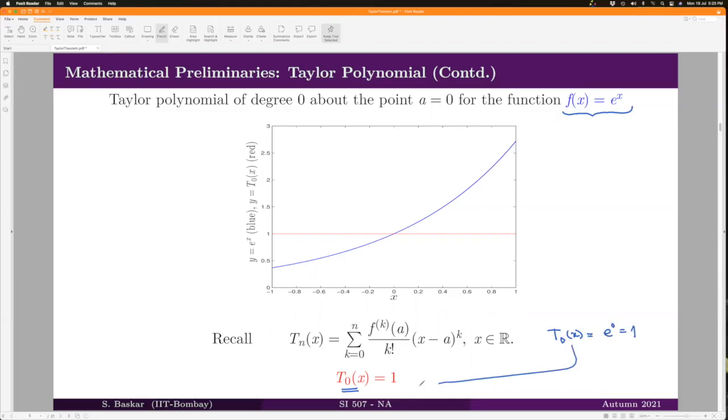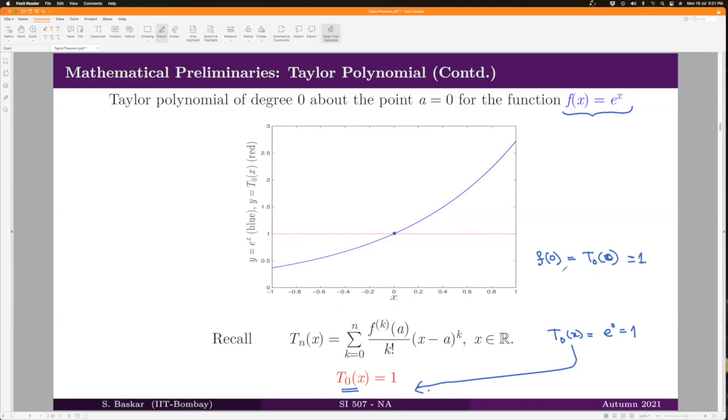That is what is given here, and I'm representing that constant in this graph by the red line, and the blue line is the graph of the function e to the power of x. You can see that only at the point x equal to 0, your function value f(0) coincides with the Taylor polynomial value, which is nothing but the constant 1, right?